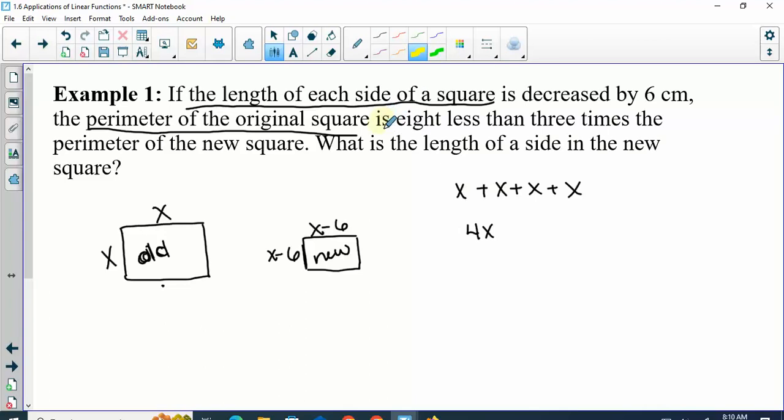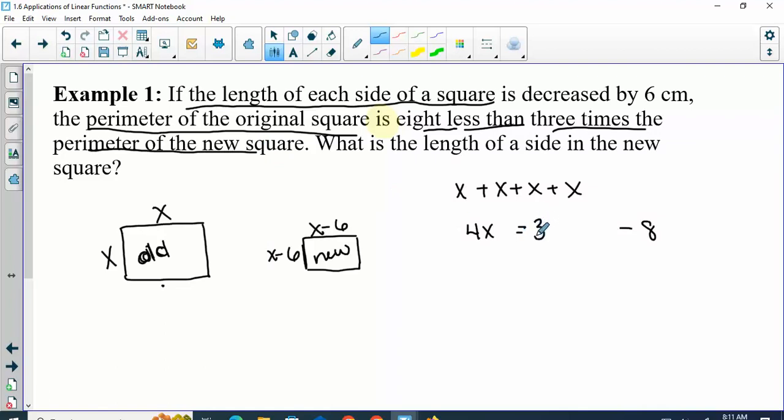When we are writing equations, what does the word is mean? Equal to. 8 less than. So does that mean 8 minus something or something minus 8? Sometimes always minus 8. 3 times the perimeter of the new square. X minus 6. 3 parentheses X minus 6.